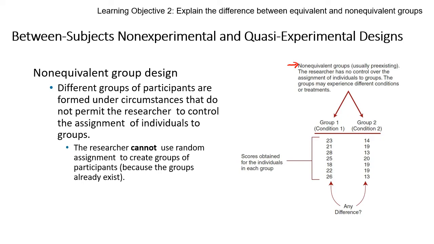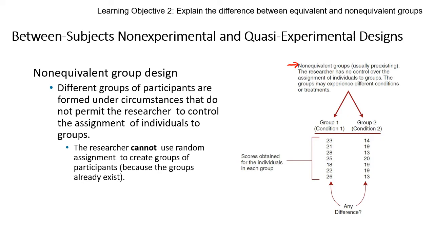So what you end up with there is non-equivalent groups. The groups are non-equivalent because the researcher hasn't chosen who goes in what group. They are pre-existing groups, and because of it, the groups likely received different conditions, different environments leading up to that.